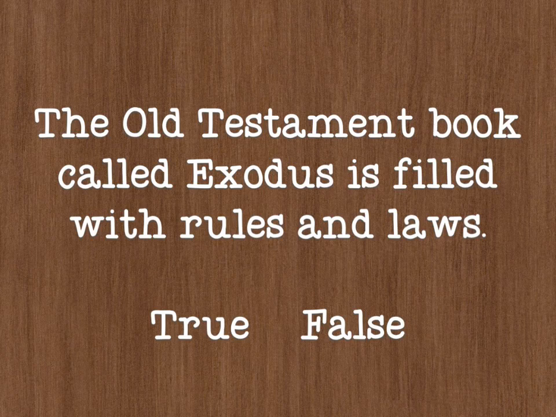And this one is going to be false. The book of Leviticus is the 3rd book of the Old Testament. That one has all the rules and laws. Exodus is the 2nd book, and that's not the one. Alright, last one.